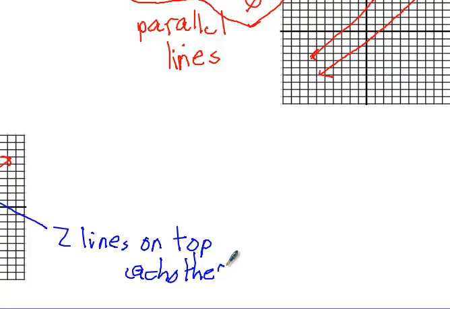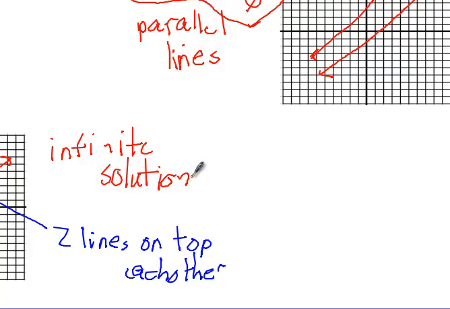So two lines on top of each other. We have to ask ourselves, are those lines ever going to not touch? No. If they touch forever, the word in math that means forever is infinite. So we have a system of equations with infinite solutions. That is two equations that are exactly the same.